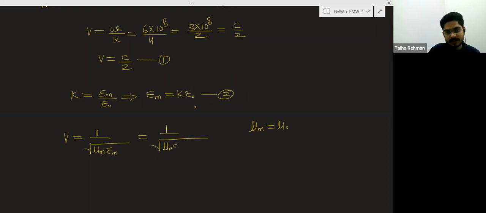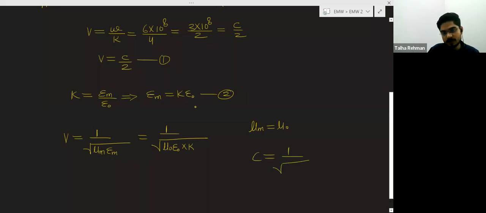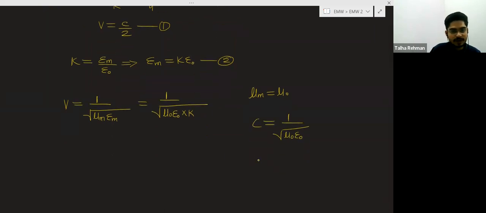So you can write this as epsilon naught into K. Now c is equal to 1 upon under root of mu naught into epsilon naught. So basically you have v equal to c divided by under root of K.